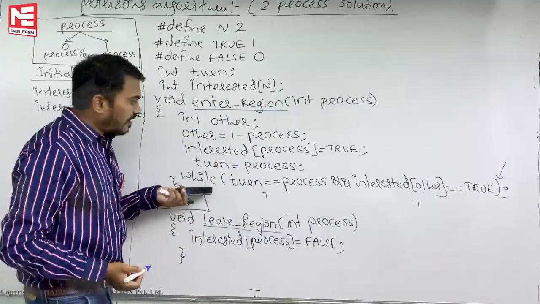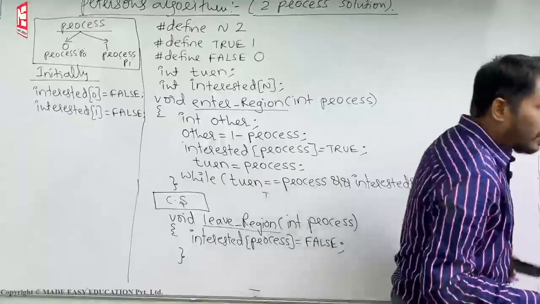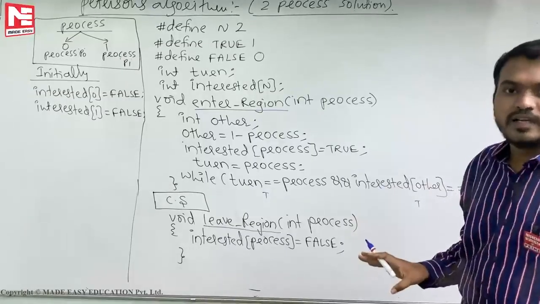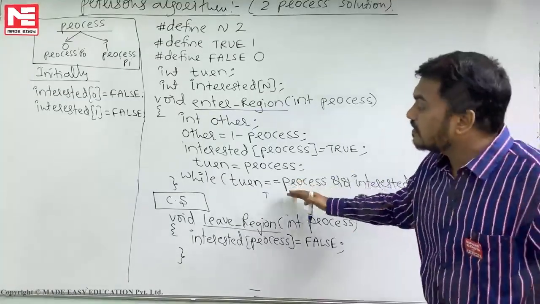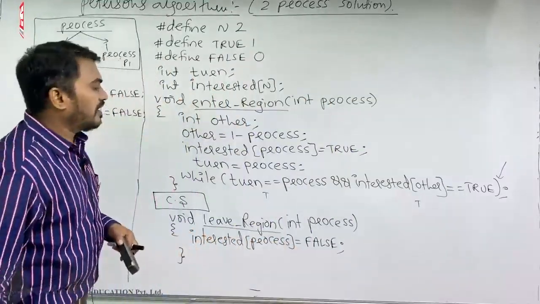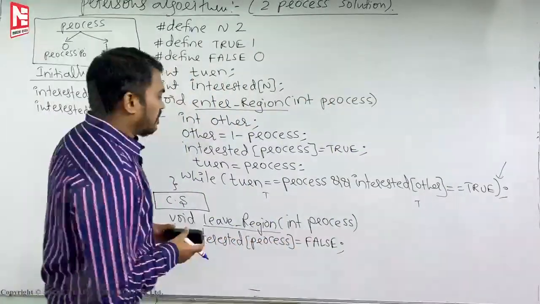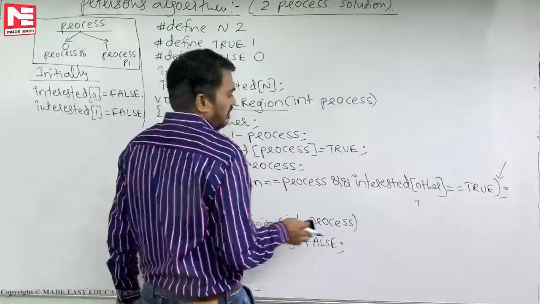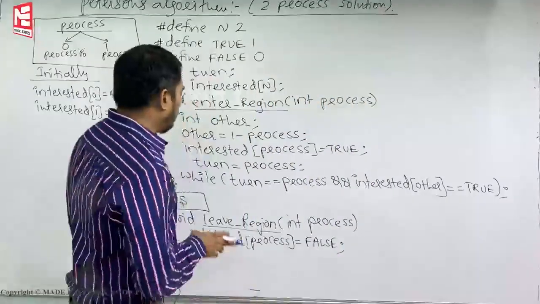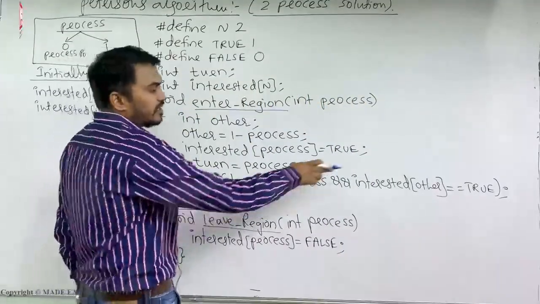Remember, while semicolon. Here it is while semicolon. So what does while semicolon mean? If the condition is true, the process will stop there, and if the condition is false, it will enter into the critical section. We have seen examples of while semicolon, so don't worry, that is the meaning. Condition is true, the process stops there.